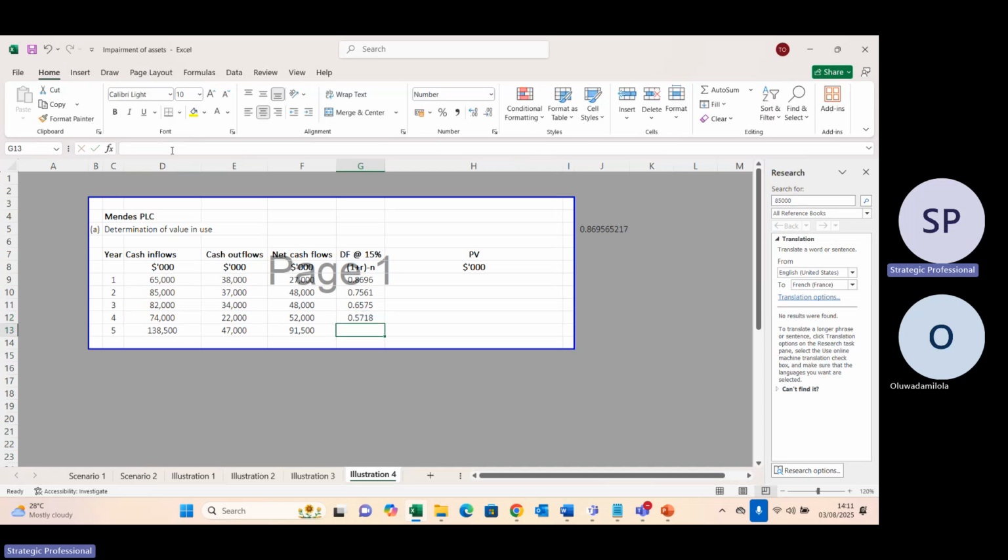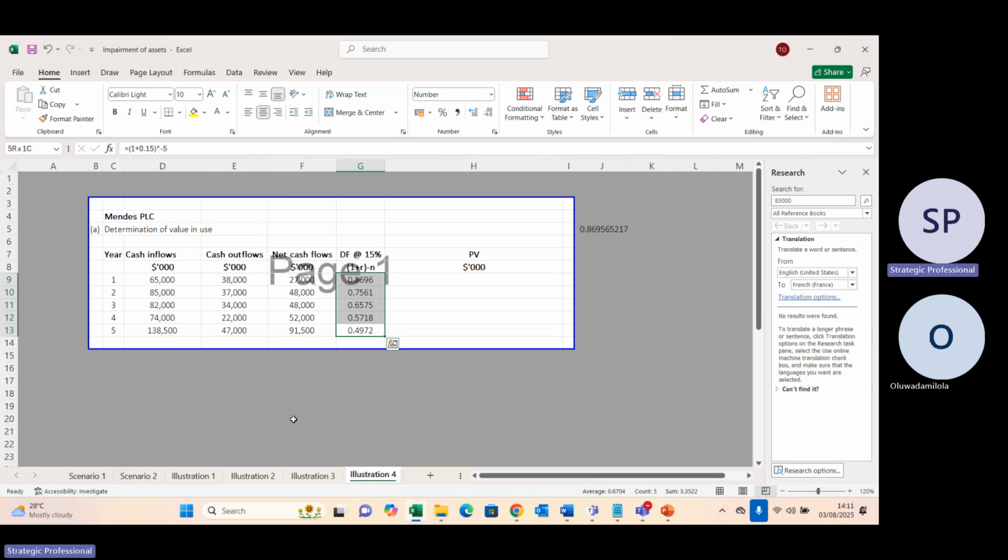Do you get? Yes. Because in the exam, they would expect that you calculate your value in use. The previous examples we have done before this one, they gave us the value in use directly. Sometimes you might need to calculate it yourself.